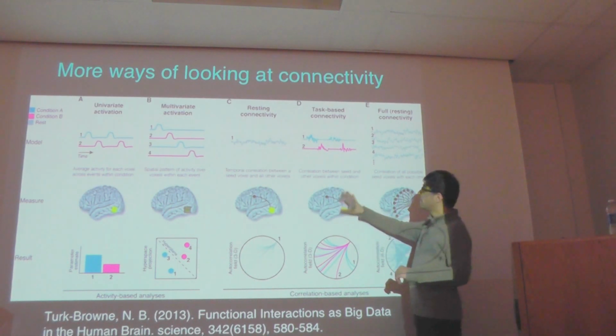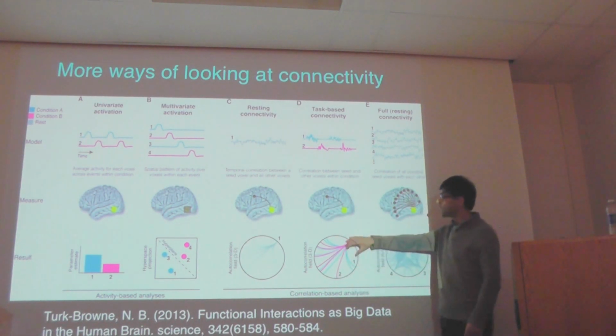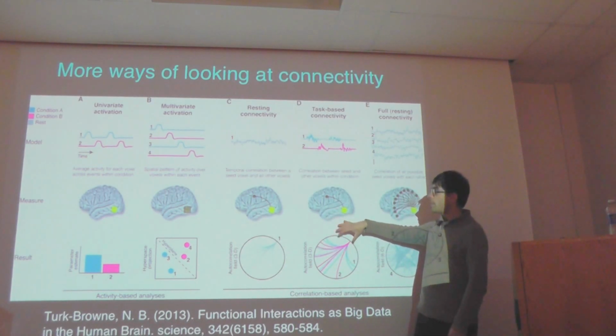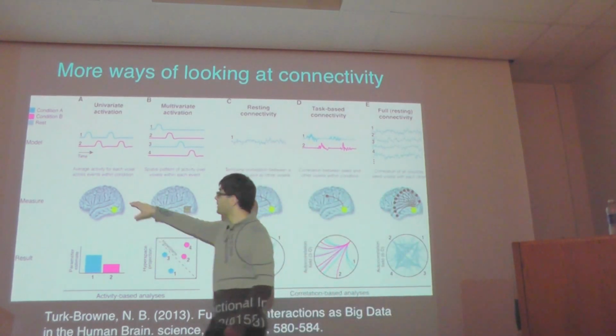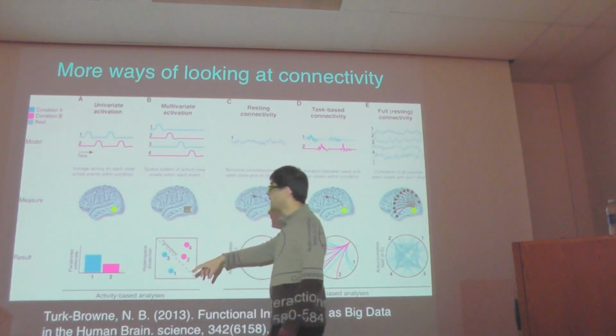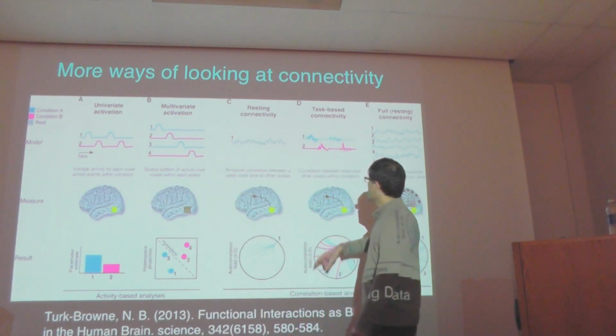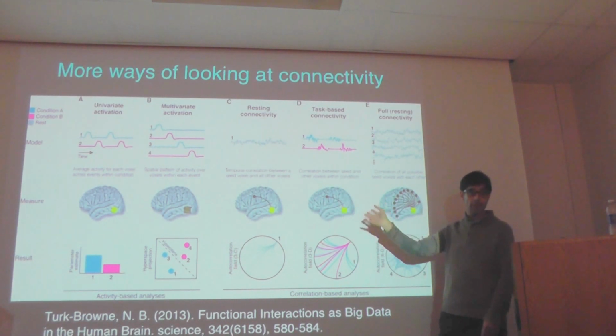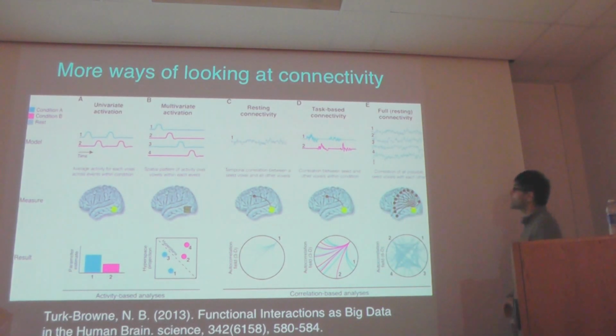This paper talks about a simple way to get around that problem. You can model how much activation is being driven by the task, in other words do the standard analysis, then subtract that away and look at the correlation of what's left over, the residuals. That's a way of trying to get rid of the external driver.